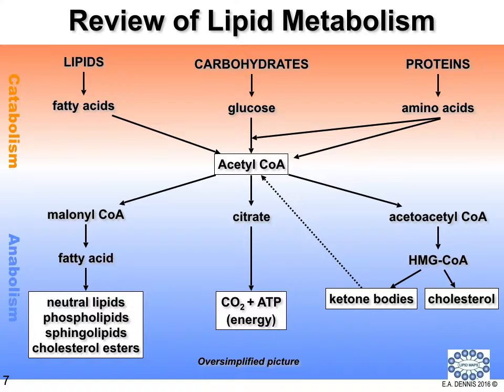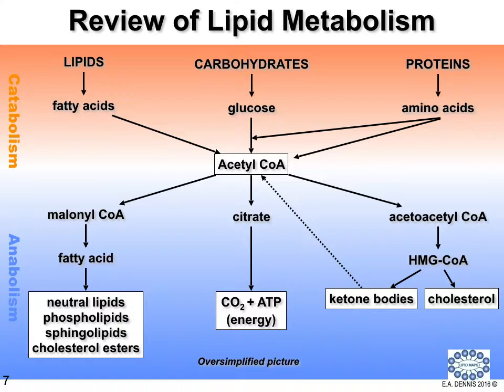Now we wish to put the ketone bodies in perspective of lipid metabolism. Complex lipids, carbohydrates, and proteins are broken down to their simpler components, fatty acids, glucose, and amino acids. And these in turn are broken down by catabolic processes to acetyl-CoA.